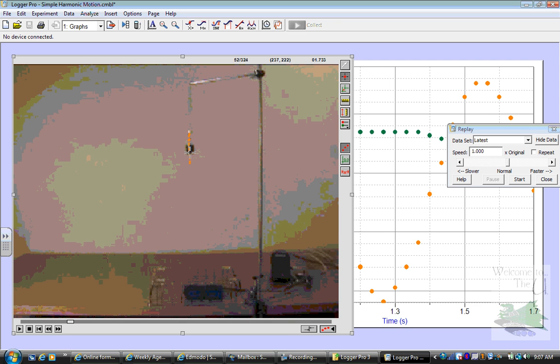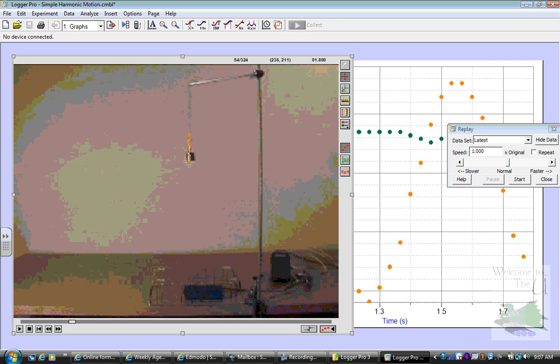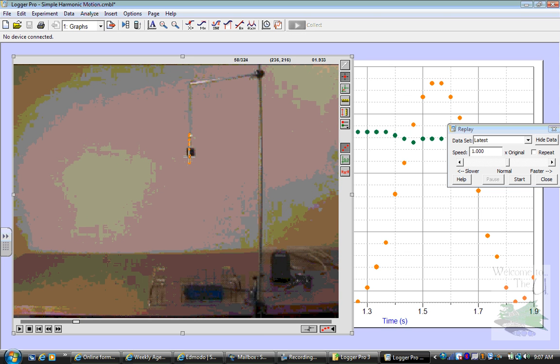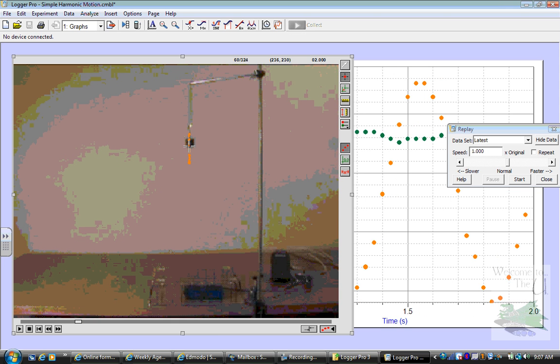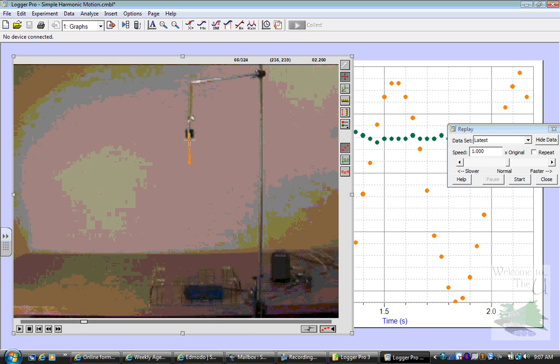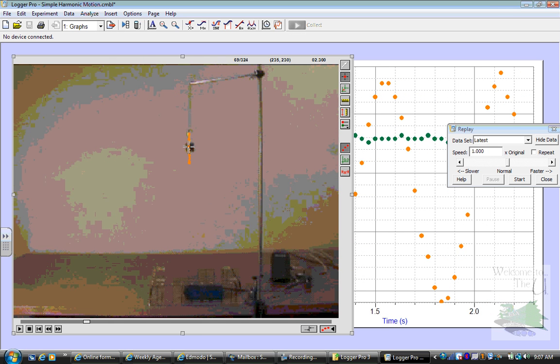So we're going to do this for 5 cycles, which means that the weight should go down and back up 5 times. So I'm going to go a little bit faster here.